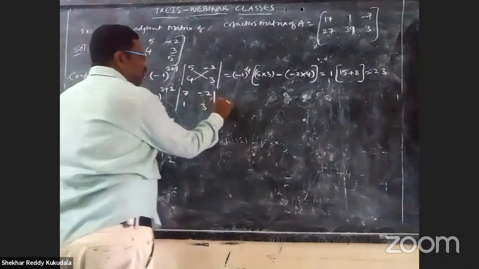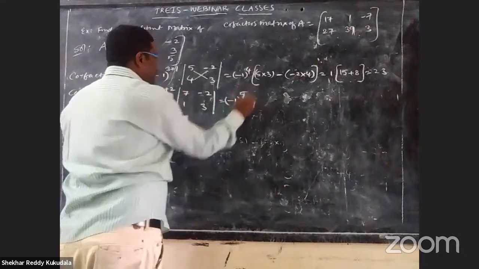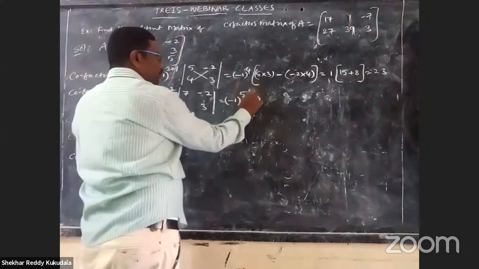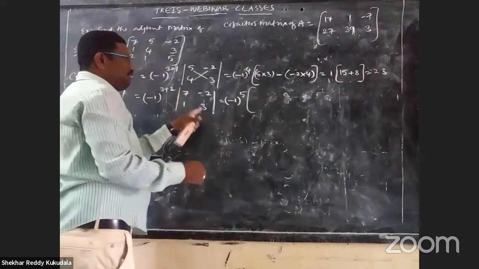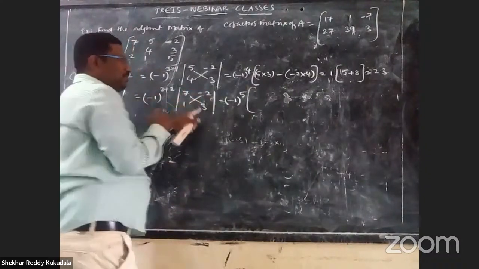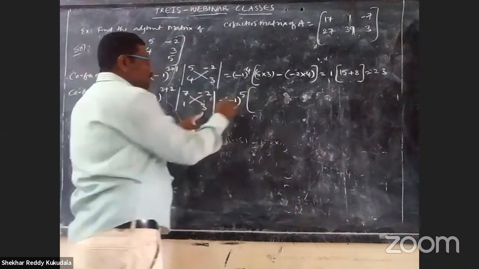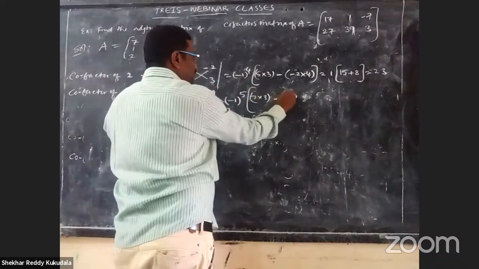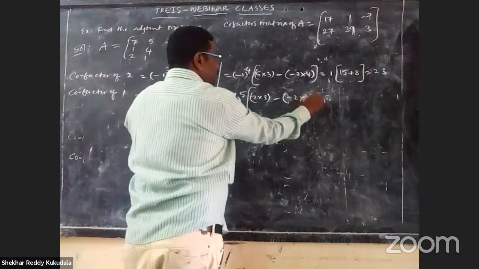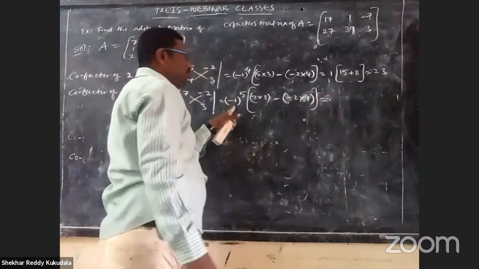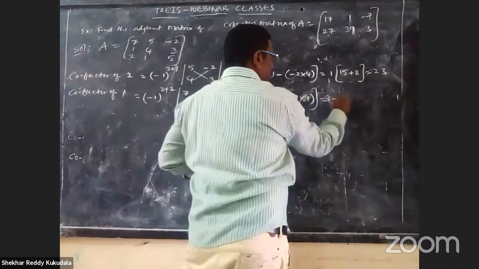This is equal to minus 1 power 5 into the determinant, AD minus BC. ABCD, so its determinant is AD minus BC. So 7 into 3 minus 2 into 1, which is equal to minus 1 power 5, which is minus 1.